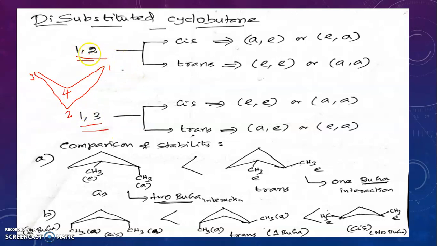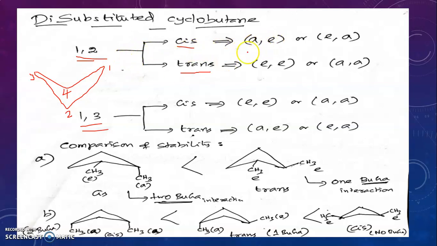In 1,2 position, when will we get cis isomer, and when will we get trans isomer? If you put one substituent in axial and the other substituent in equatorial, you will get cis isomer.